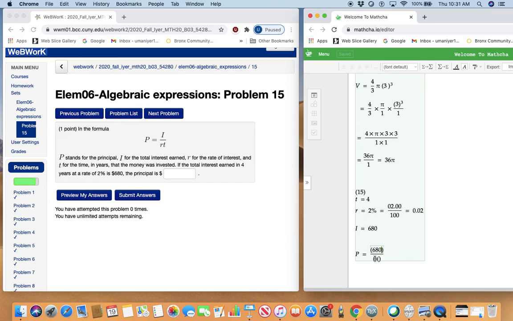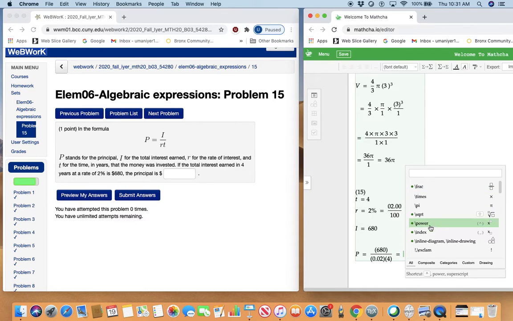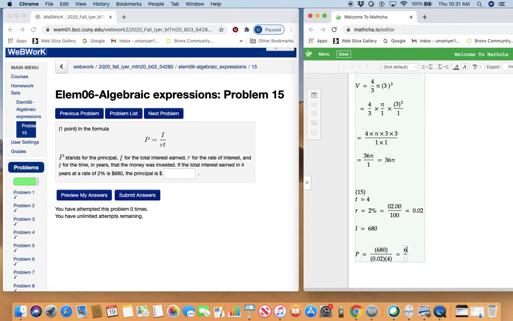R, 0.02 goes downstairs. And T is 4. 4 goes downstairs. All right. So that is equals fraction. Because I have decimals, I will write 680.00 over 0.02 times 4. So I could write this in parentheses, no harm done, it means one and the same thing.